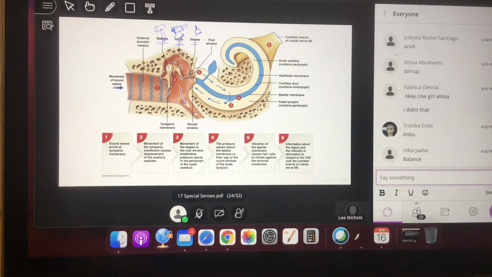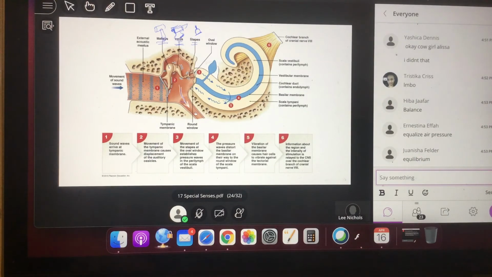What's the function of this tube? Balance of what? You must be more specific. Throwing out random individual words. Equalizing air pressure. Look, to equalize, not balance and equilibrium.